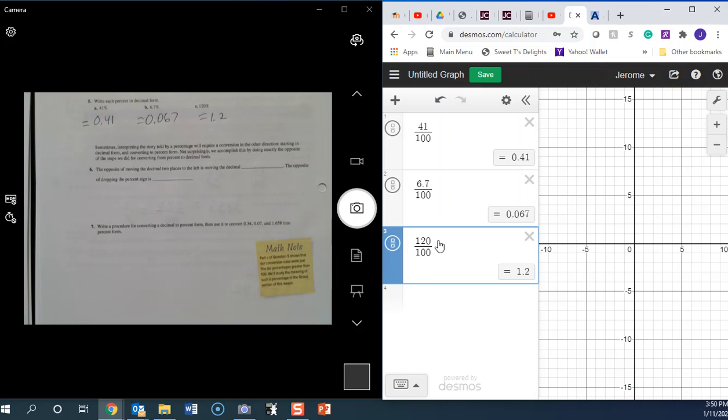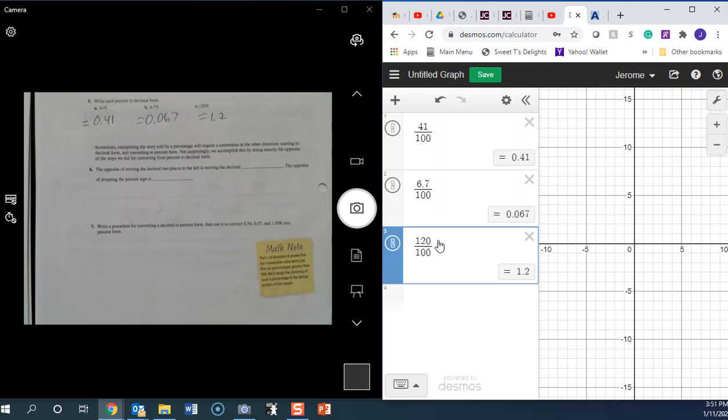Now, sometimes interpreting the story told by a percentage will require a conversion in the other direction. Starting in decimal form and converting to percent form, not surprisingly, we accomplish this by doing exactly the opposite of the steps we did for converting from percent to decimal form.